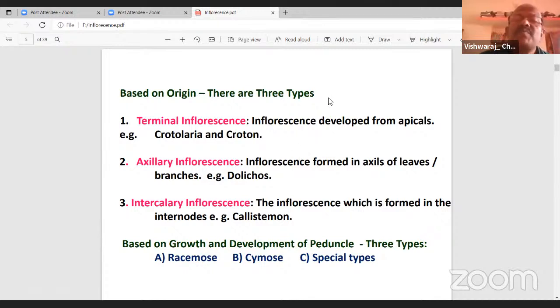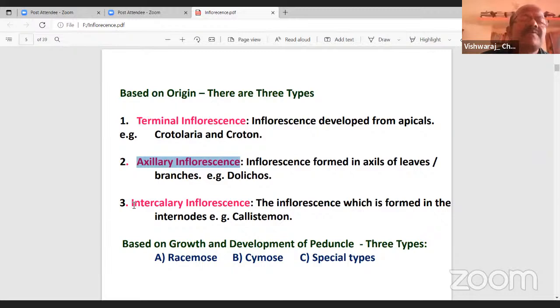On this one branch, on these terminal positions, inflorescences are developed. Next, axillary inflorescence is formed in the axils of leaves and branches. Inflorescence is produced in the axil, for example dolichos.